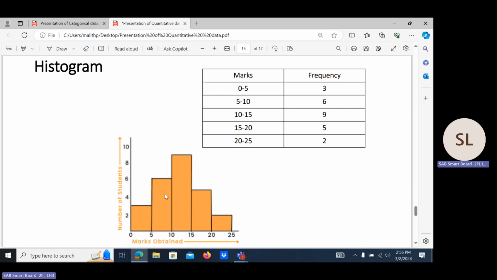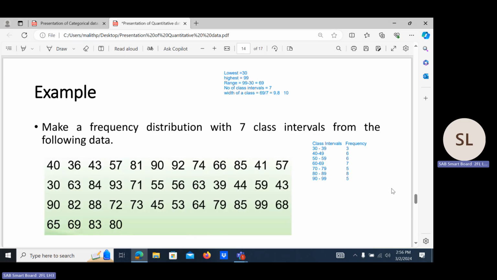This is the example. In our example, this group frequency distribution, the first point starts from 30. 30 to 39 is the class limits. First, we convert all those class limits to class boundaries.